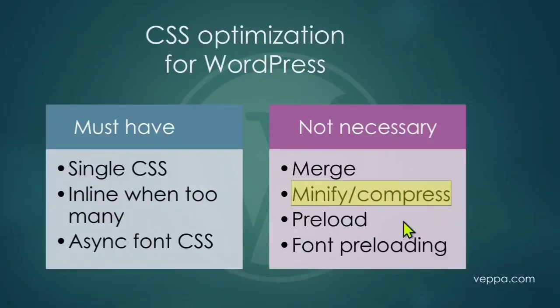Minify and compress. Again, minification and compression is done automatically by the server, so you don't need to use a plugin for compressing CSS files. There is not much difference between minified and non-minified CSS when you compress them.